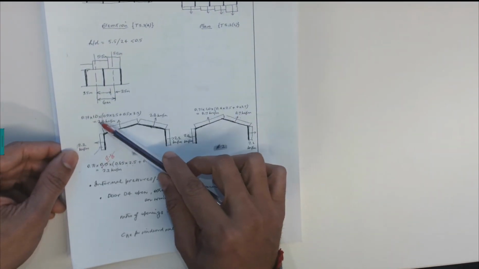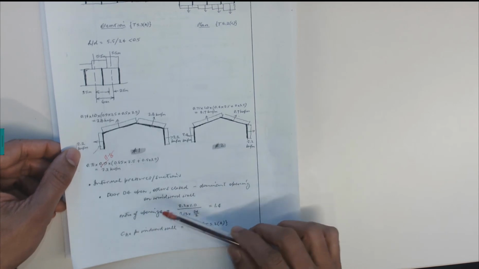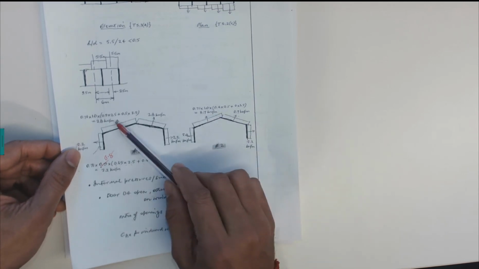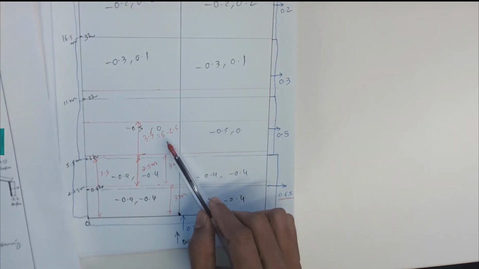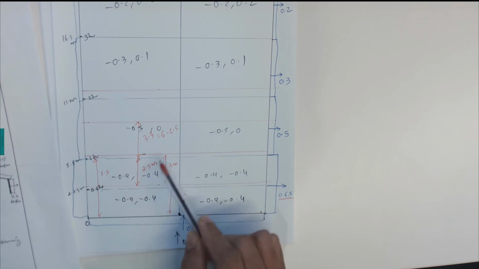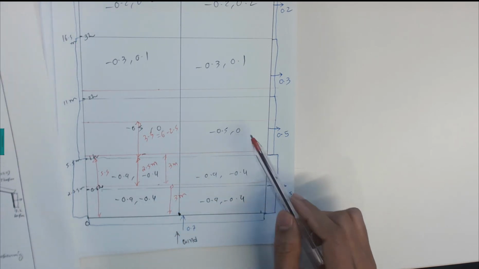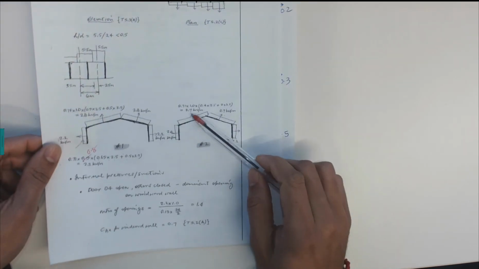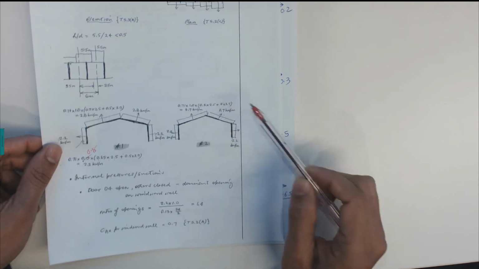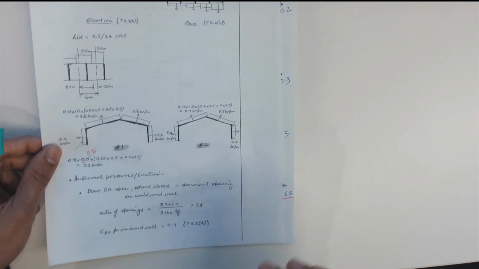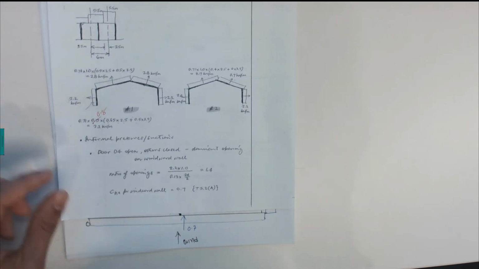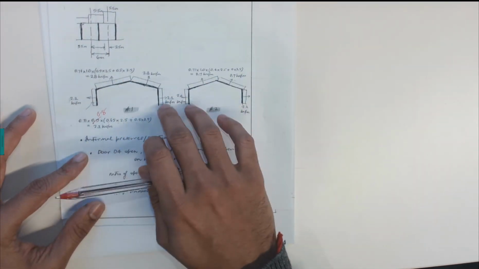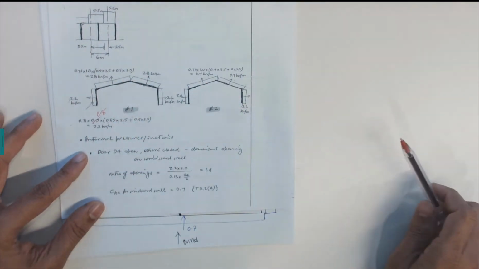And then we get these values, which are the same, and the only difference is that we are multiplying by another number, minus 0.4 and 0, and minus 0.4 and 0. So that's for the second case. Now that is the external pressures due to the wind coming from the other direction.